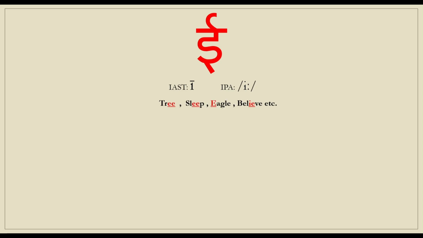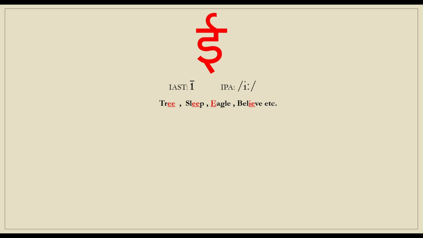Our next vowel is the Dirgha version of the previous i, that is the longer ī, represented in Devanagari by this, and in IAST it is represented with i having a bar above it. We can understand this sound by some English examples like tree, sleep, ego, and believe.